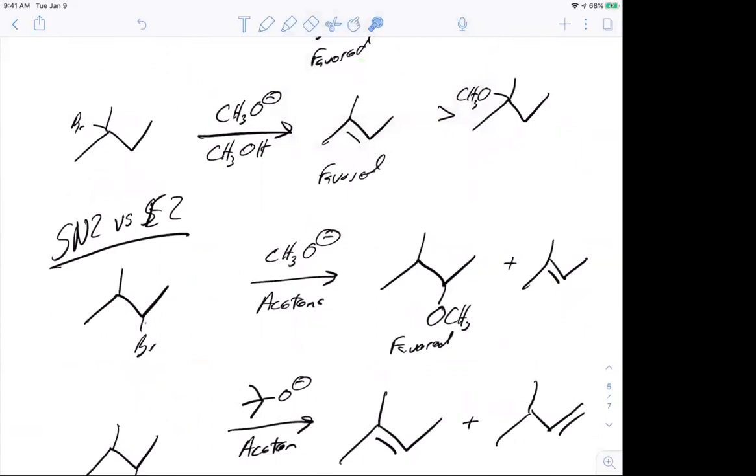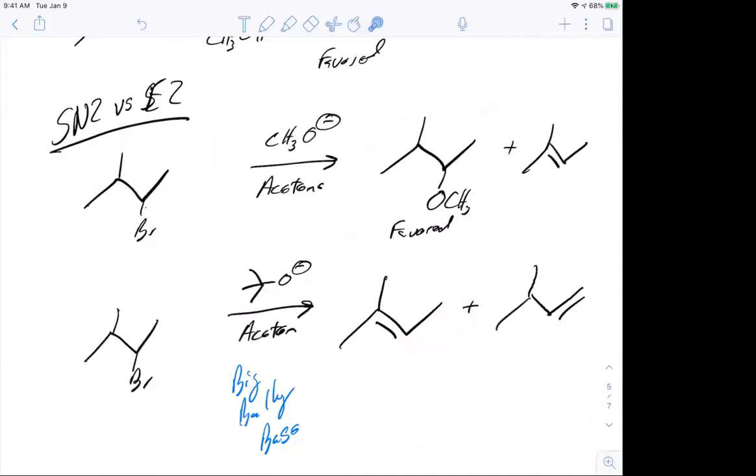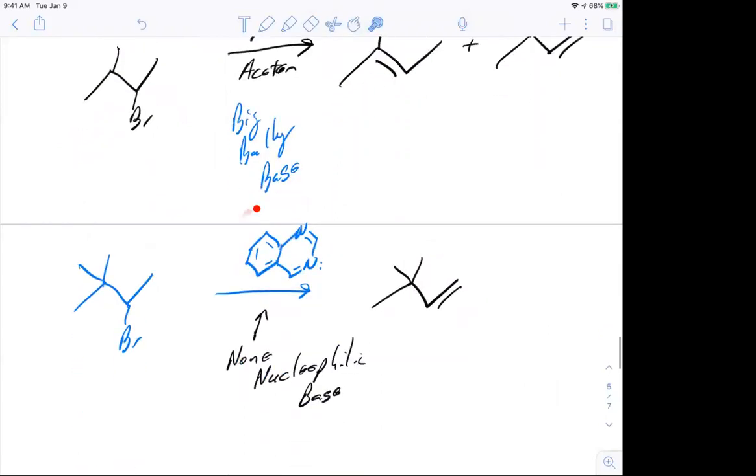Big nucleophiles favor E2, small nucleophile bases favor SN2, and then you do have a set, and there's only 2 or 3 of these, and I'll get these to you, of non-nucleophilic bases.